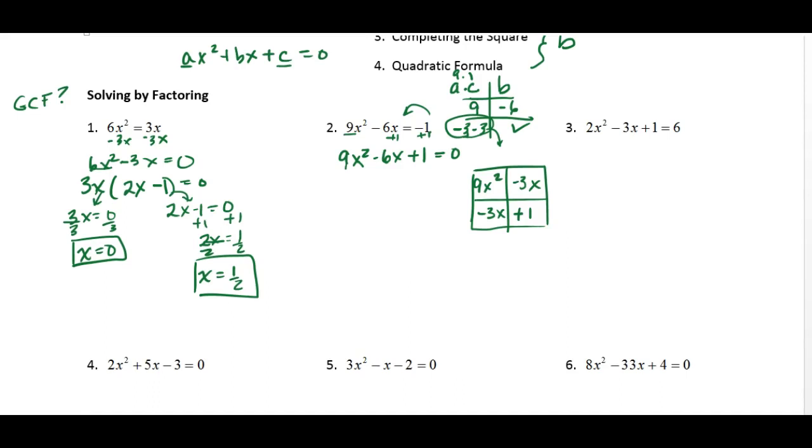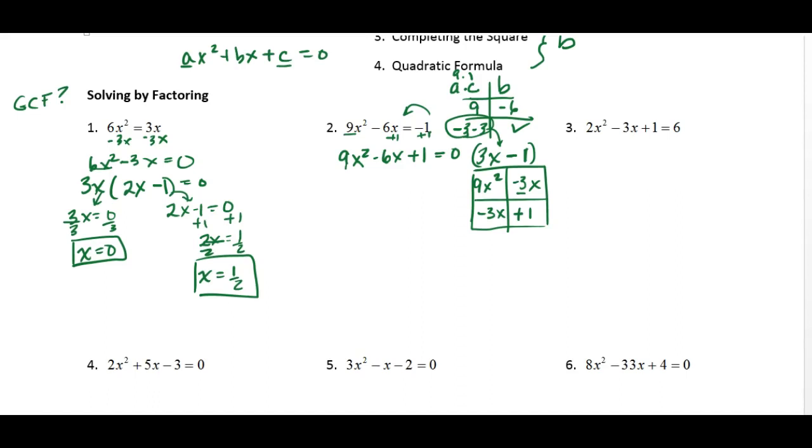So between 9x squared and negative 3x, what is the greatest common factor? Well, I can take a 3 out and an x. Don't worry about the negative, that comes in later. Now, if I look at this column, negative 3x and a 1, really the only thing they have in common is a 1. One of them's negative, one of them's positive. So if this one's negative, then that negative gets pulled out right here. So here's one of our factors.